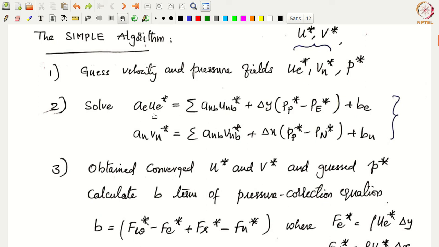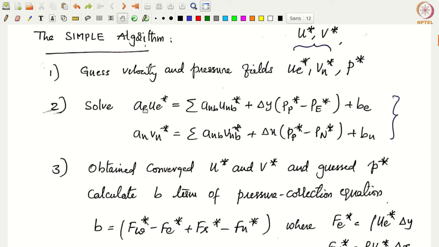Now how do we solve this equation? You have to use either Gauss-Seidel or a line-by-line TDMA and then converge this equation to some tolerance. In doing so, the initial guess that we had for velocities would be gone. By the time this equation converges, the new u star would be very different from what we have guessed, but that will be the converged value.